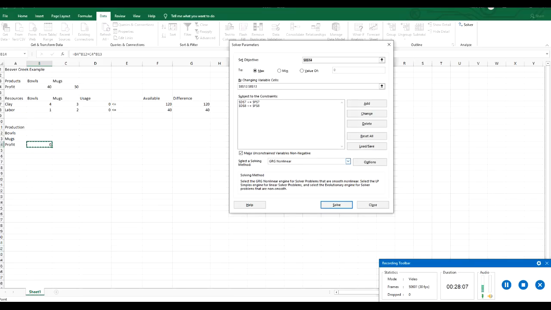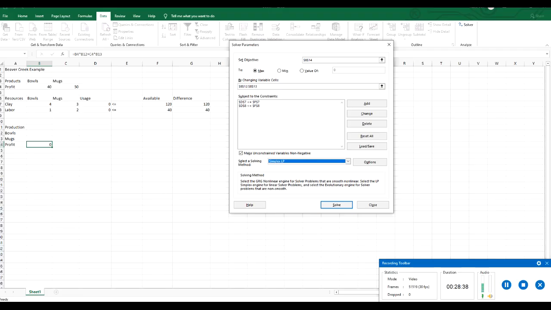Now, very simply, we're going to make this simplex LP. For our purposes in this program, it will always be simplex LP. So what I'm going to do now is click Solve. When I click Solve, the computer will run every possibility of bowls and mugs, starting at 0 and 0, continuing until these constraints are disobeyed.